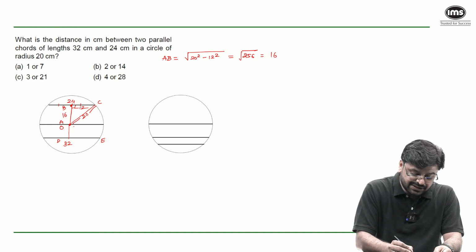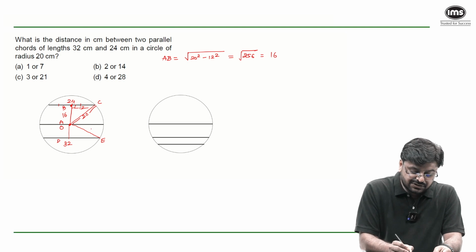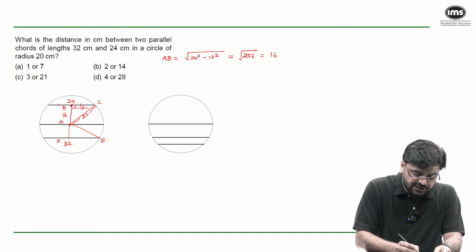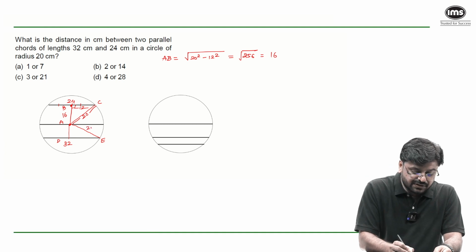In the first case, the second part is, if you join AE, sorry, we are removing O from the center. Let's assume this is only A. So AE is 20.